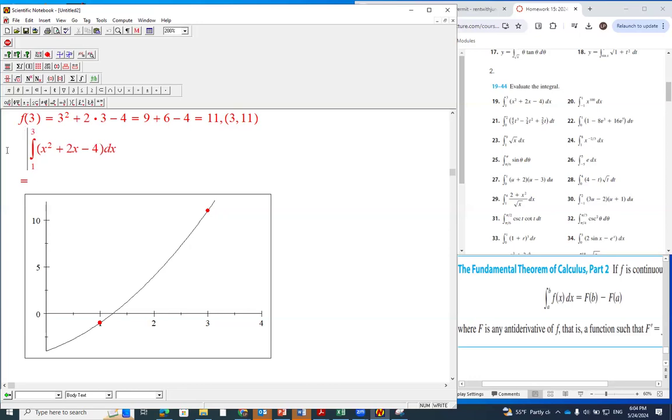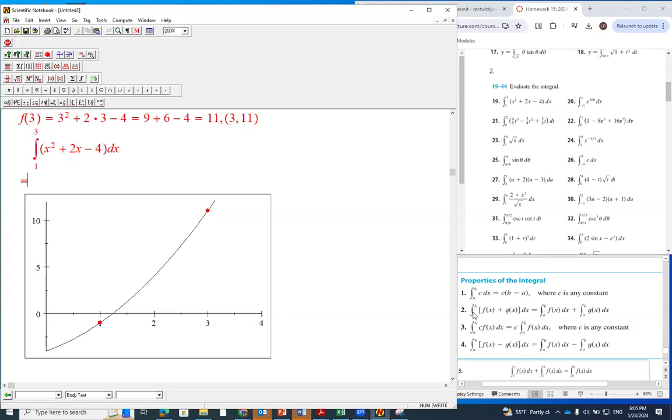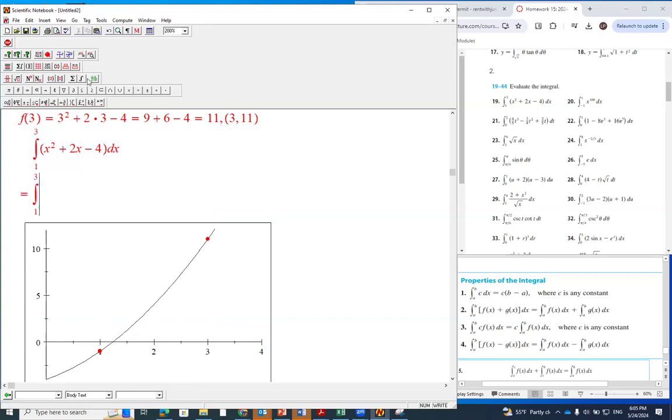What does the whole thing mean? On exams, you don't necessarily have to draw the picture, but you need to understand what it means. So when we try to find this area, we can apply these properties. The definite integral of a sum is the sum of the integrals. So we can separate, and we can do this integration piece by piece.